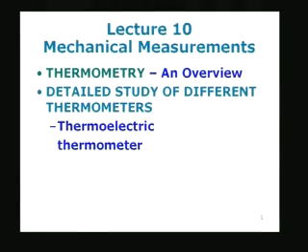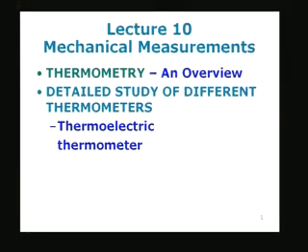So, this will be lecture number 10 in our ongoing series on mechanical measurements. If you recall, in lecture number 9, we were introducing the fundamental ideas of thermometry. The basic idea was to describe how to come up with a temperature scale which can be repeated or replicated.